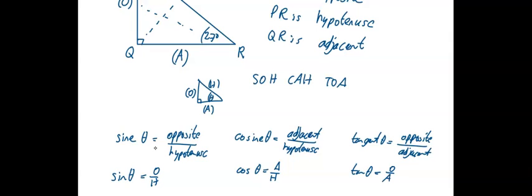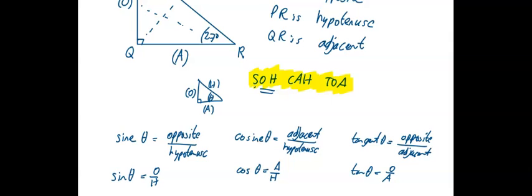Now that's an awful lot to remember, but luckily SOH CAH TOA helps us remember all of this. So if you're given two sides, so for example you're given O and H, you would look for the ratio that involves O and H, and it is sine.